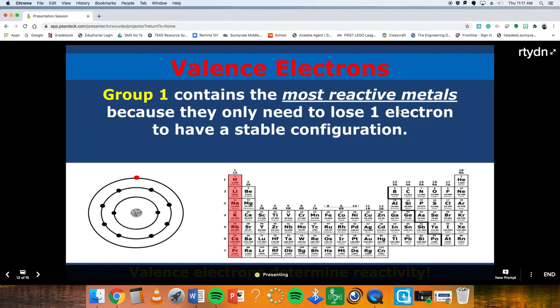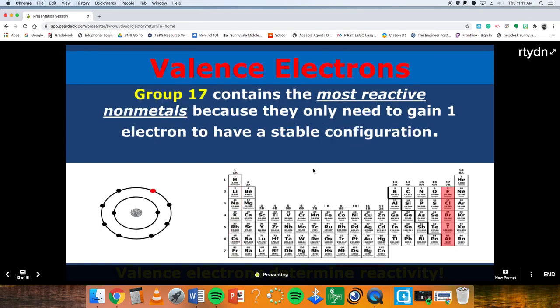Group 1 is the most reactive metals. They're a very reactive group. Group 1 has 1 valence electron, 1 electron they want to give away when they combine with another element, particularly group 7, and I'll explain that in a minute.